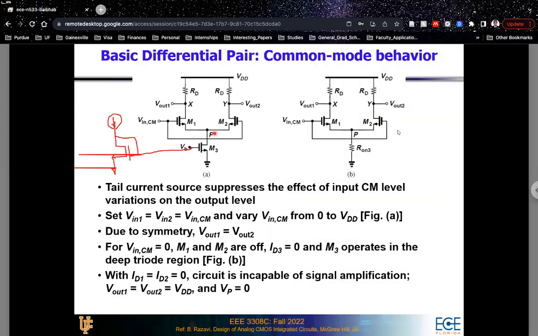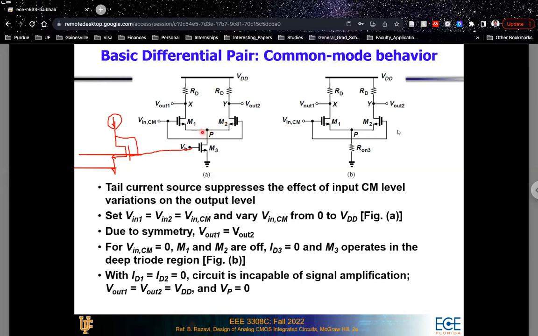So if we go back to the previous slide, you need the Vp voltage to be at least equal to the overdrive of the M3 transistor for M3 to be in saturation. So VDS of M3 has to be at least equal to its Voverdrive, and that's the source of your M1 or M2 transistor.